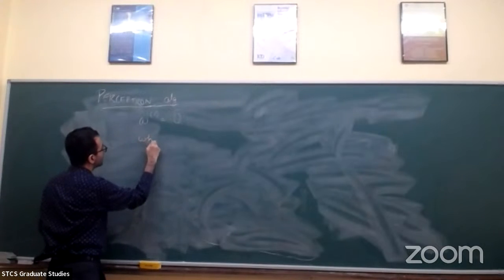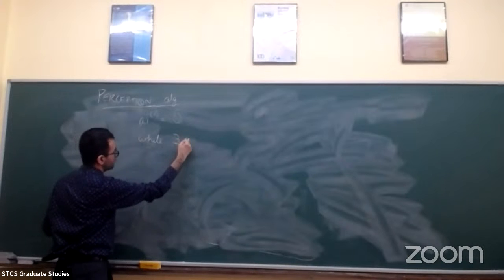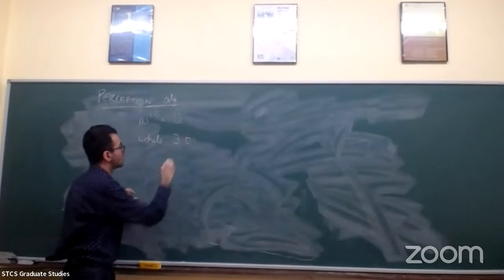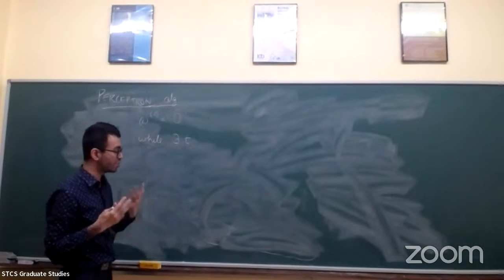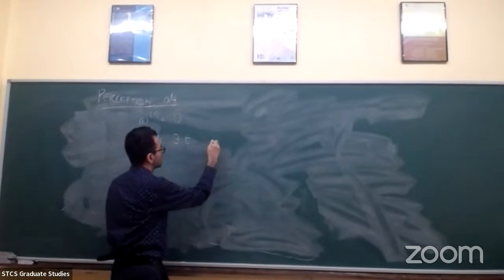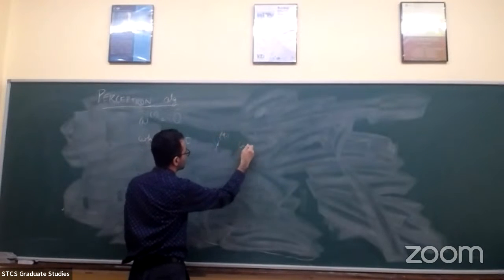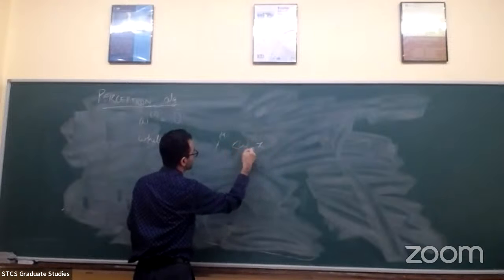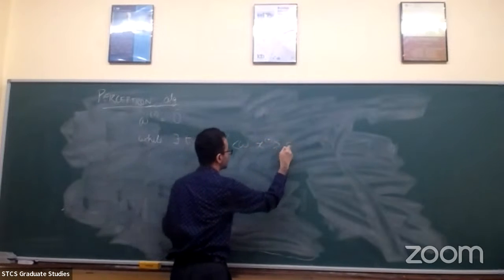So while there is a training example which you have classified wrongly, for which y_t times the inner product of W and x_t is less than or equal to 0.